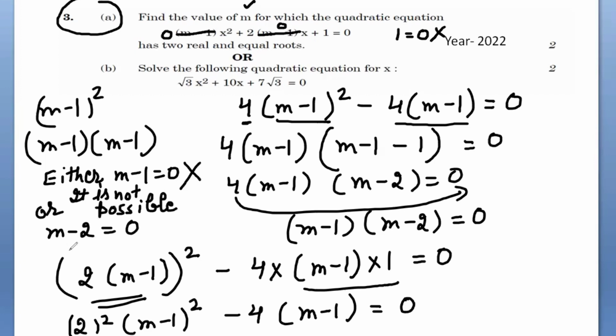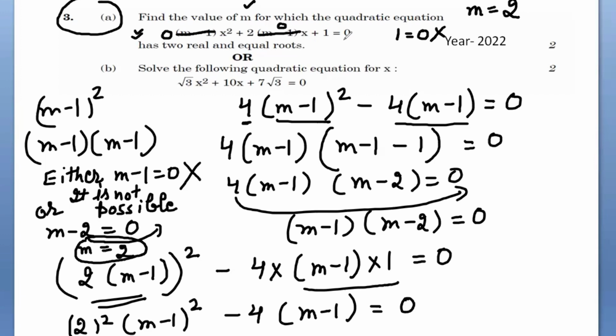But from the second equation, if you take this 2 to this side, we'll get m is equal to 2. That means the solution for this particular equation is m equal to 2. When m is equal to 2, this quadratic equation will have two real and equal roots.